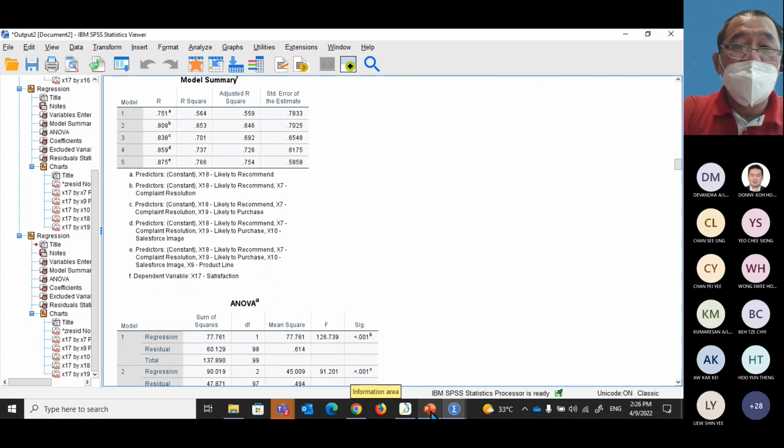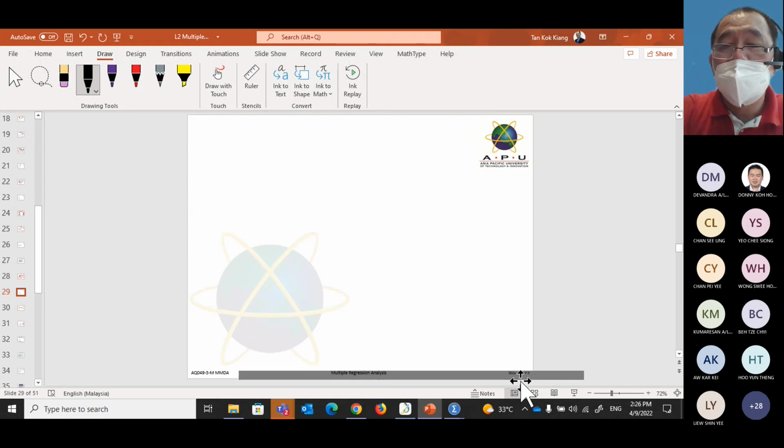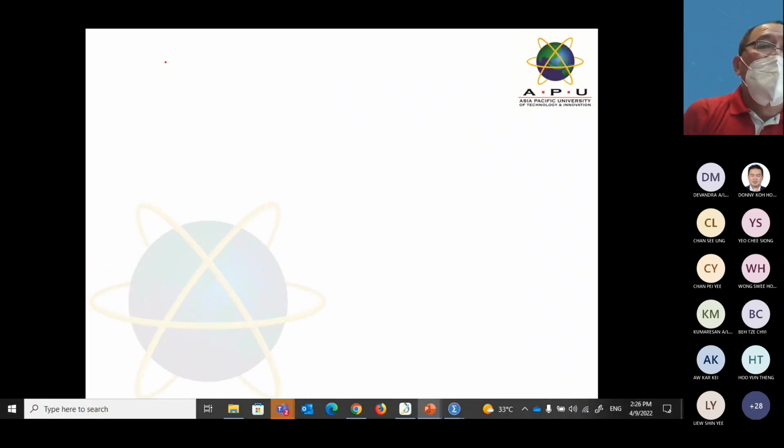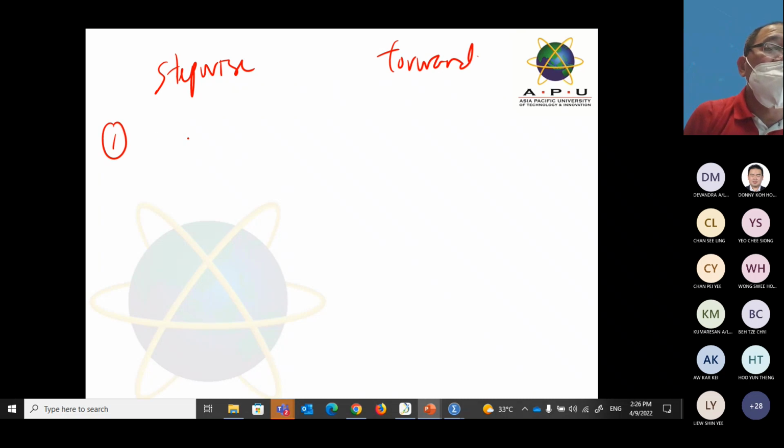Okay, I give you an example. Stepwise and also forward. Let's say in the first model, you include x2. Here you also include x2.